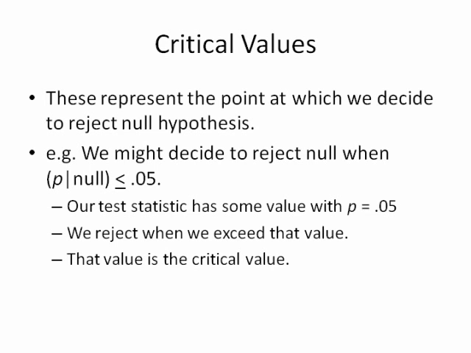It means they're going to fall within that critical region. For example, we might decide to reject the null when p is less than 0.05. So our test statistic does have some value if p is equal to 0.05. We reject when we exceed that value. And that value is the critical value.